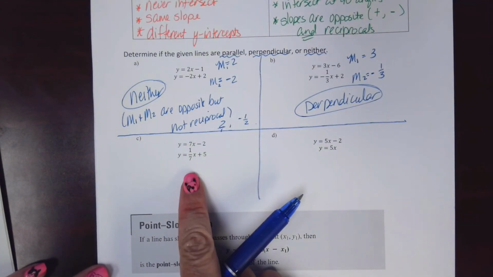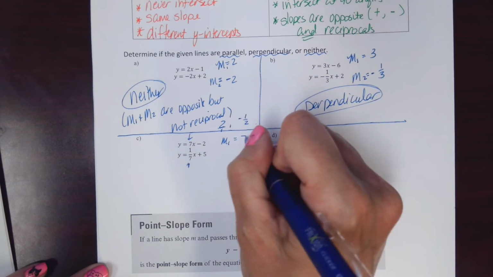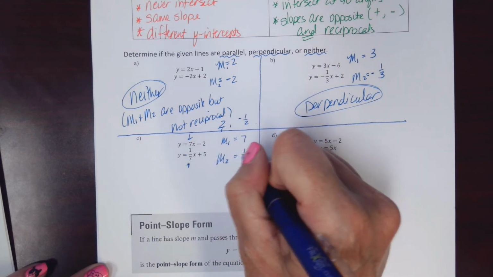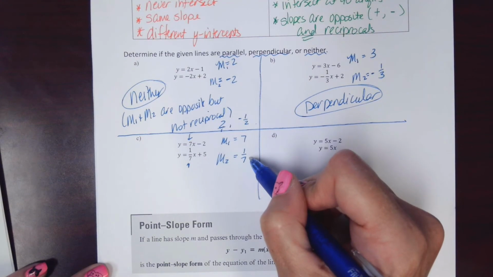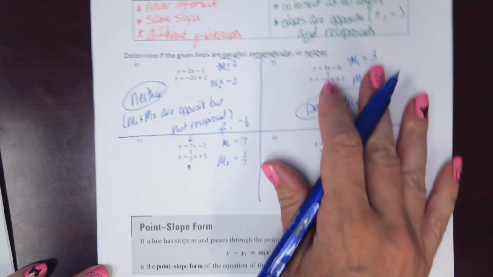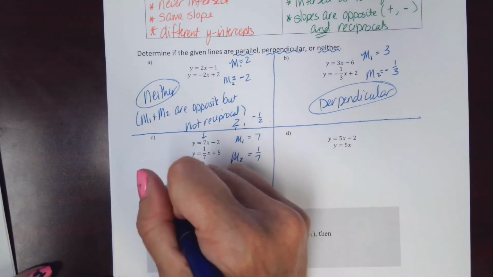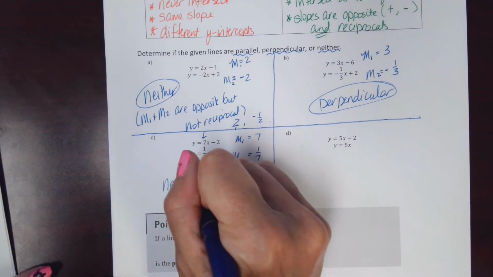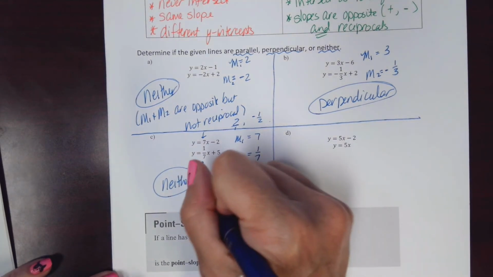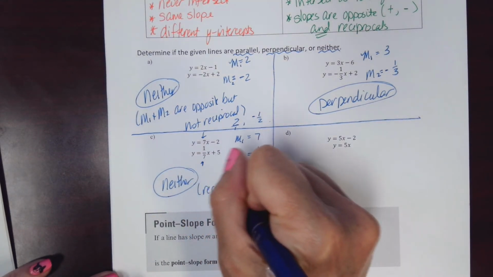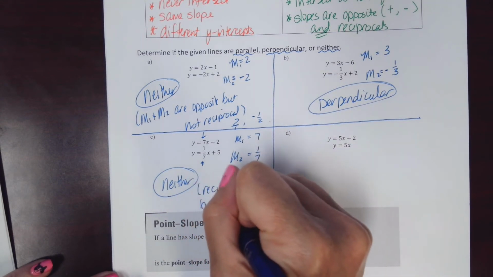On C, the first slope is 7 and the slope of the second line is 1/7. They're reciprocals. Does that mean they're perpendicular? They've got to be both of these things. They are not opposites, they're both positive. So those are neither perpendicular nor parallel. They have reciprocal slopes, but not opposite sign.